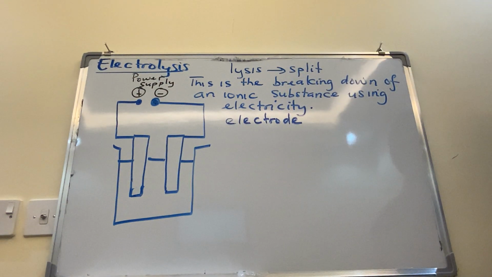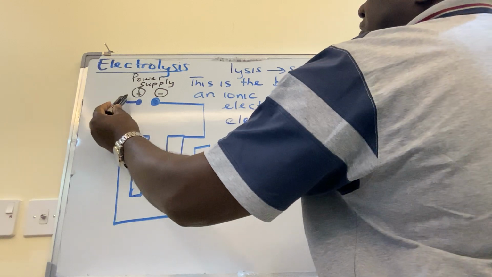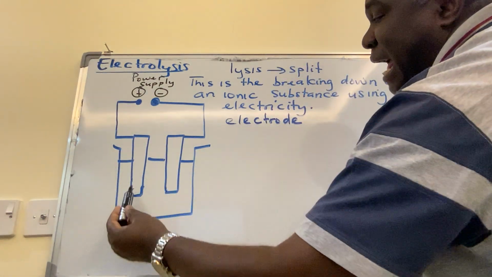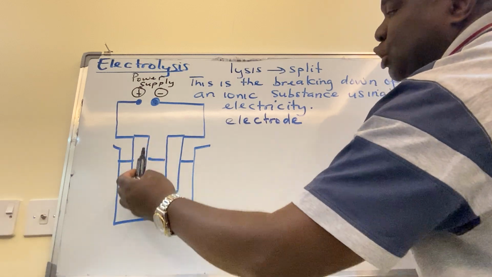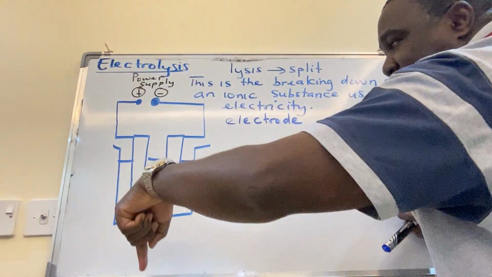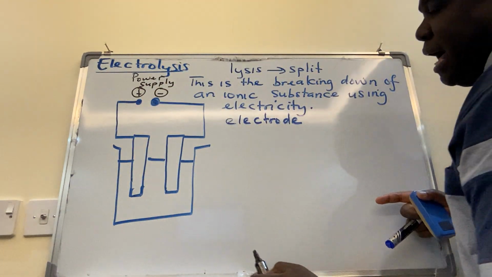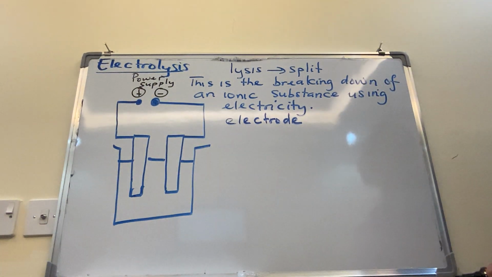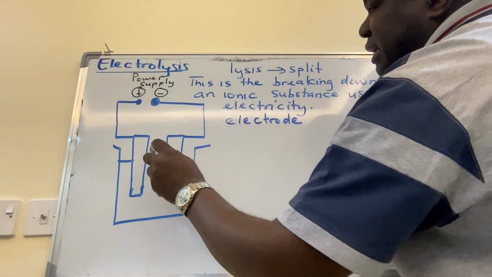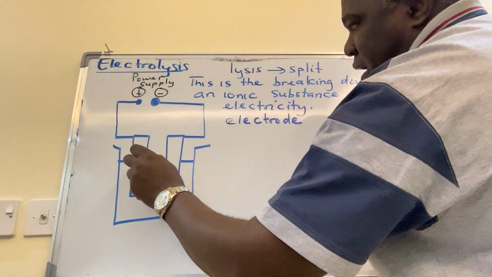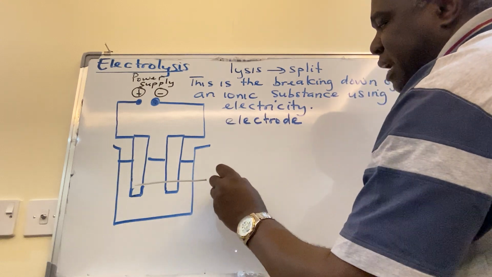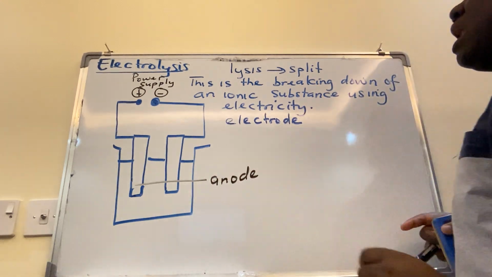Our power supply will have a positive end, and the positive end has an electrode which is responsible for transmitting current into our electrolyte. Our positive electrode, we are going to label it as anode.